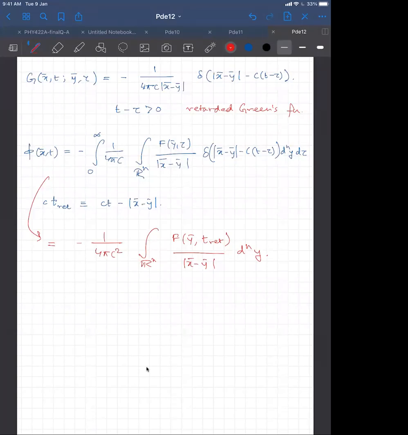So the effect of the forcing term at some point y is felt by the solution at a different location x only after time t minus t retarded has elapsed. This is how much time it took the disturbance to travel from y to x, and this is in perfect agreement with what we had expected from other places. For example, if you remember our discussion of the characteristics of the wave equation, this is absolutely in tune with that.